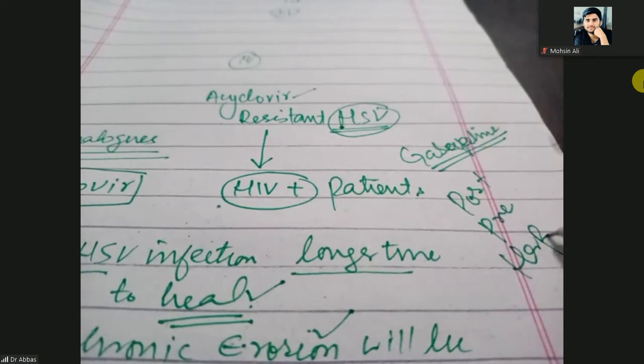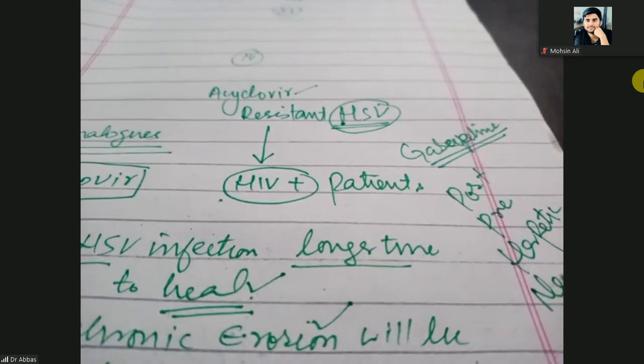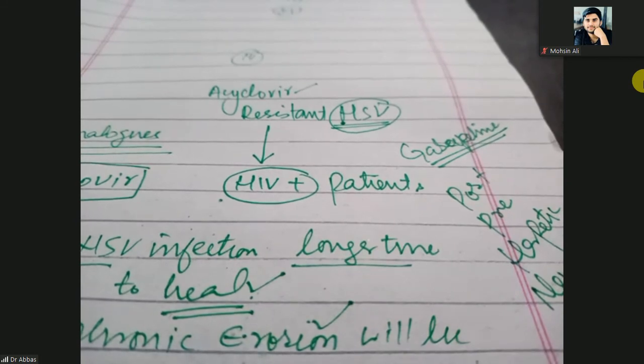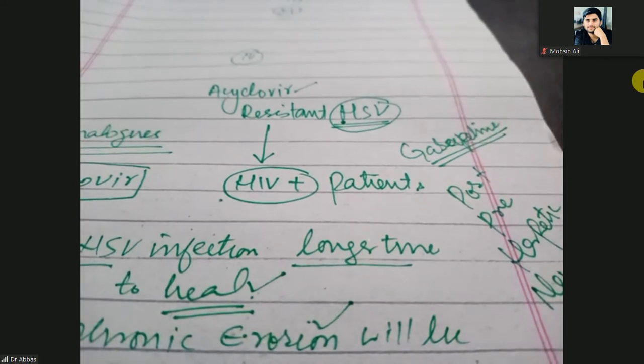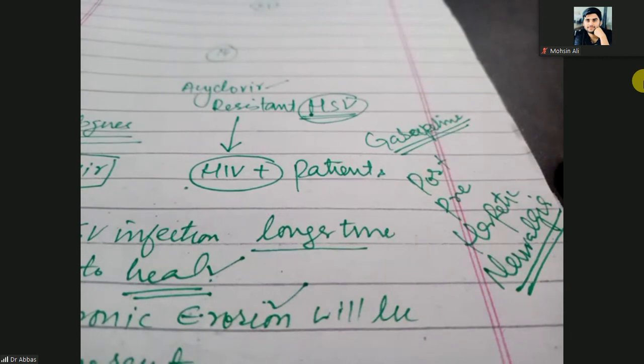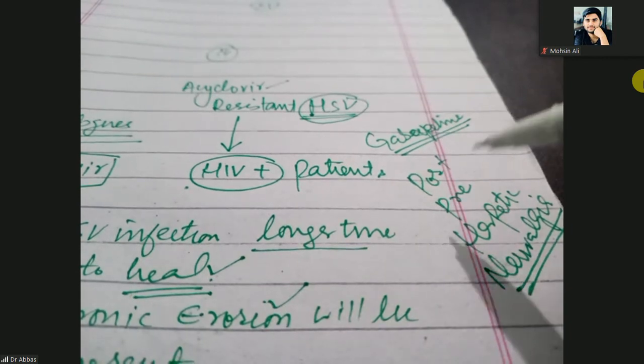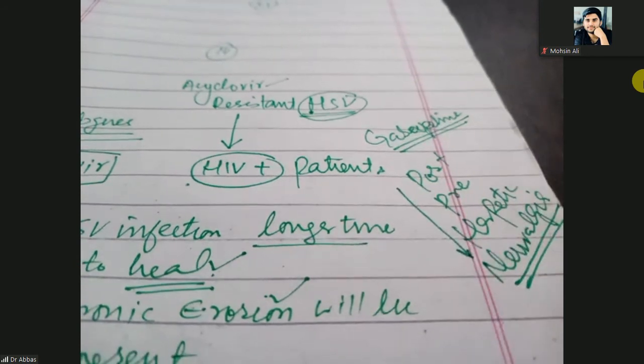Neuralgia means pain. So these are not useful for the treatment. These are only for reducing post-herpetic pain, that pain due to the herpes viruses.